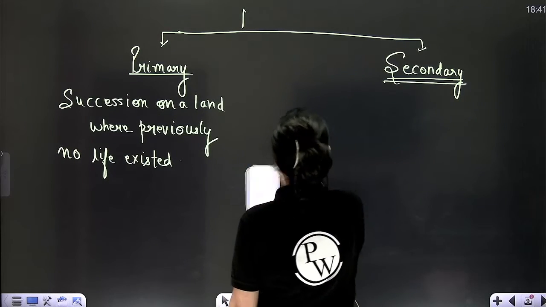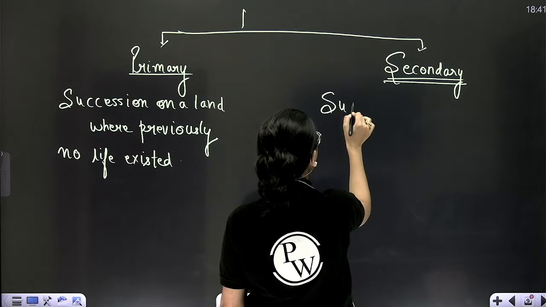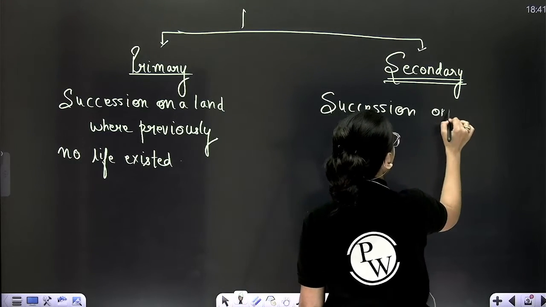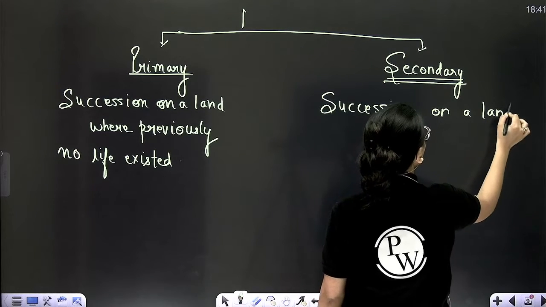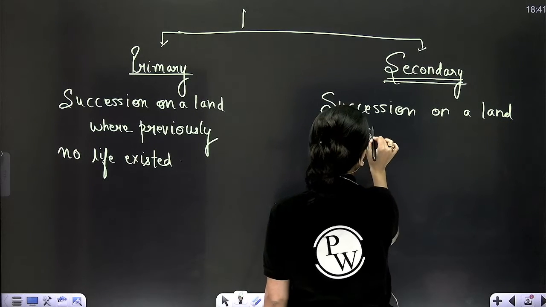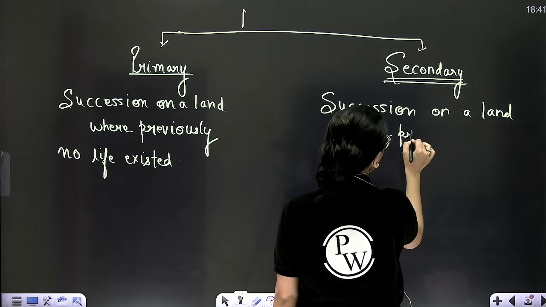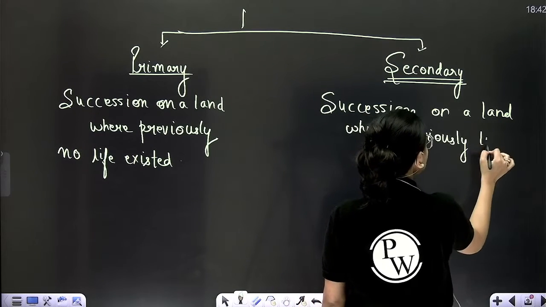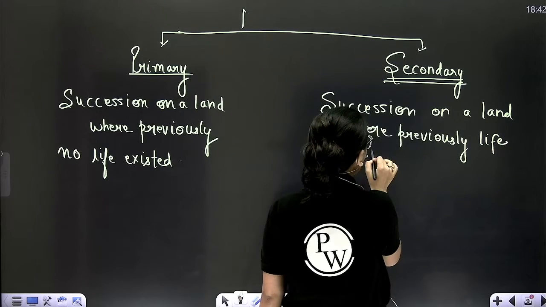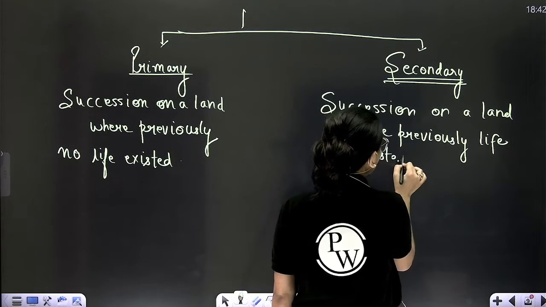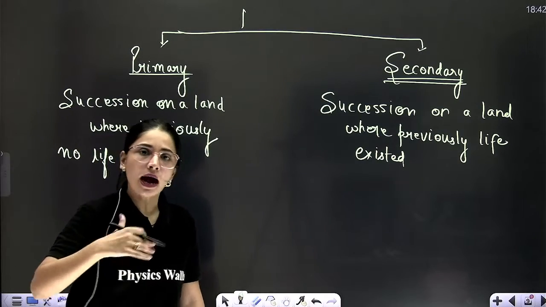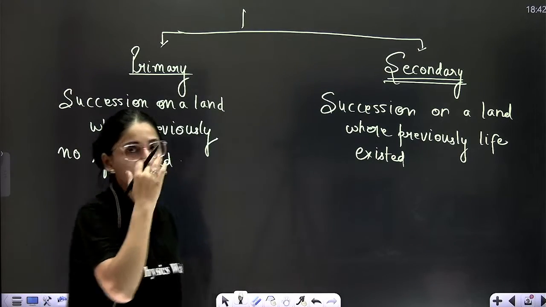Secondary succession means, beta, succession on a land where previously life existed, but due to certain calamities it got destroyed. Now succession is going to happen there again.